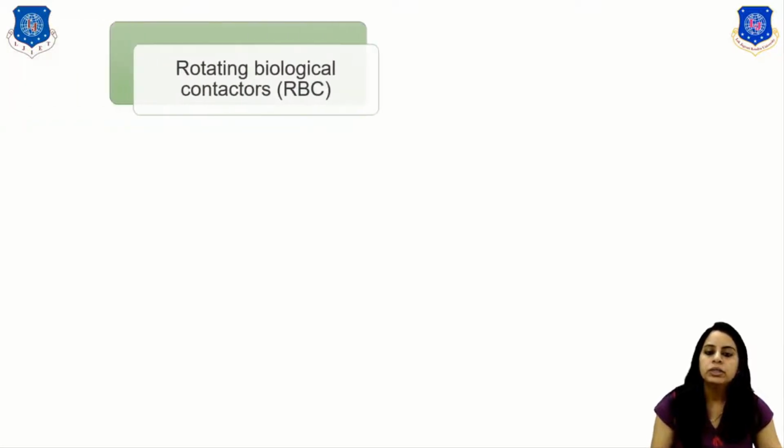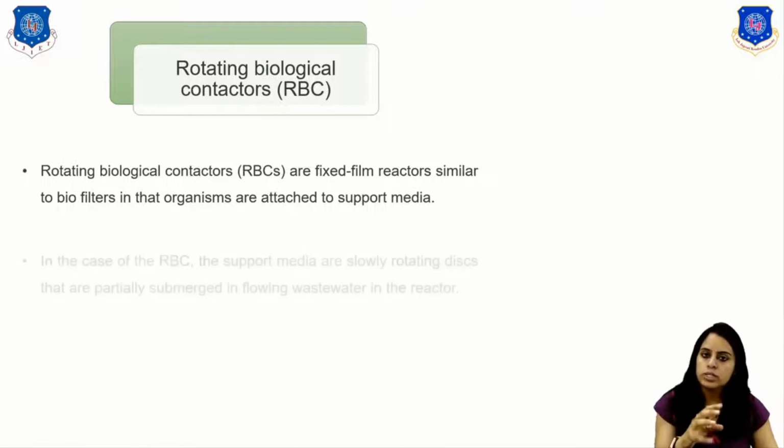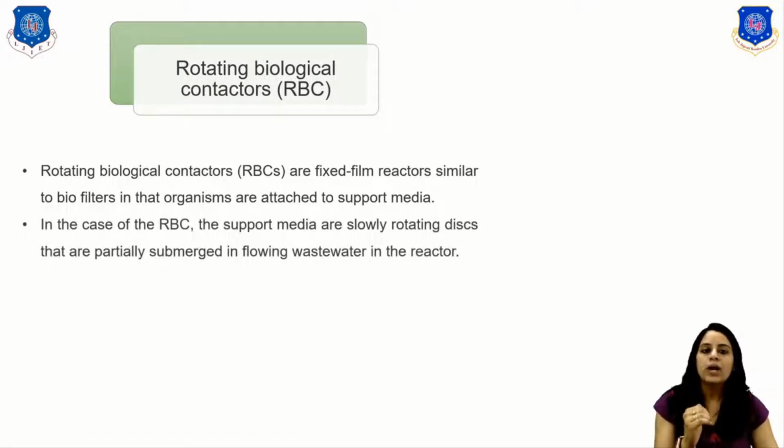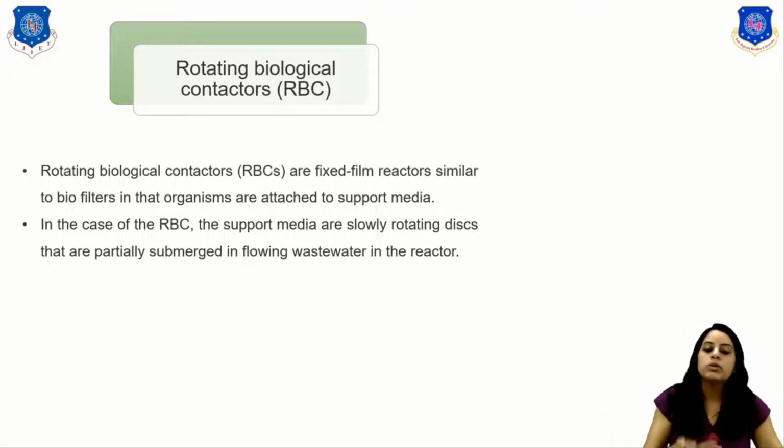Now the next one, the rotating biological contactor. In this process, it is a fixed film reactor similar to the biofilter in that the organisms are attached to the support media. In the case of RBC, the support media are slowly rotating discs that are partially submerged in the flowing wastewater in the reactor, right?